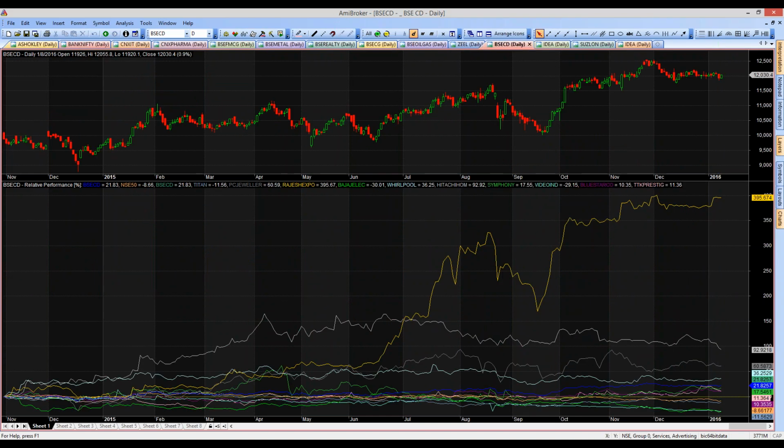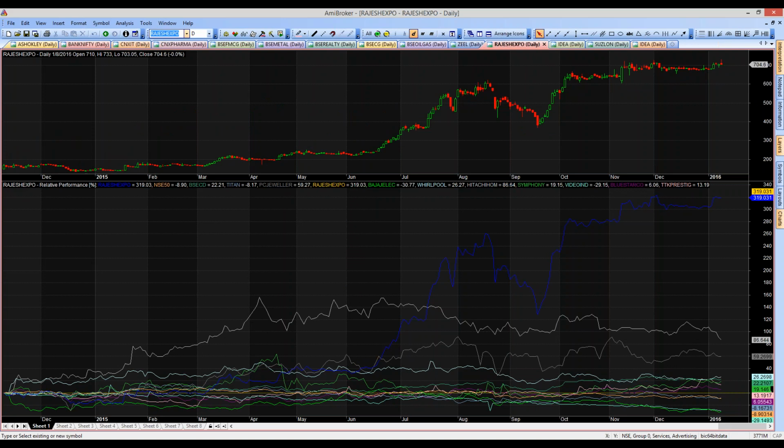In consumer durables, what should I be looking at, and where is my money best invested? If you look at consumer durables, there's one thing which is doing exceptionally well, and that is Rajesh Exports. That one has done extremely well.